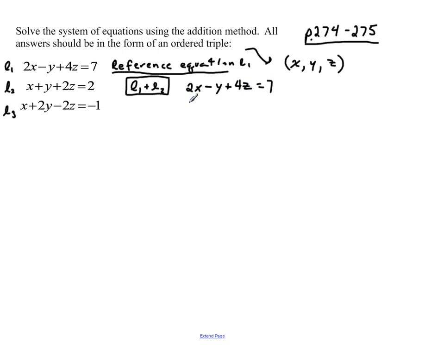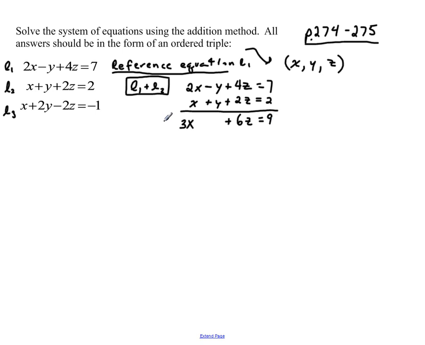And line 2 says take x plus y plus 2z, and we get 2. And when we add these two together, we get 3x, we get 0 y's, and we get 6z. And that will equal 9.